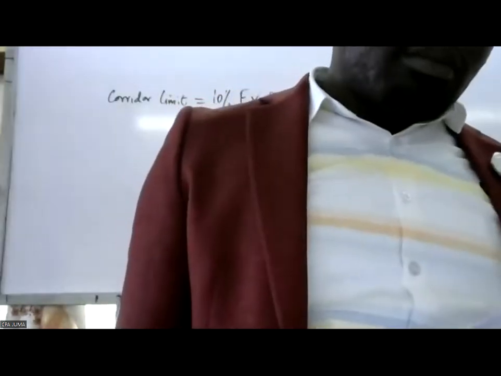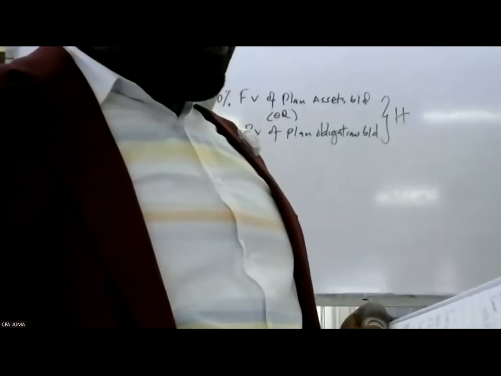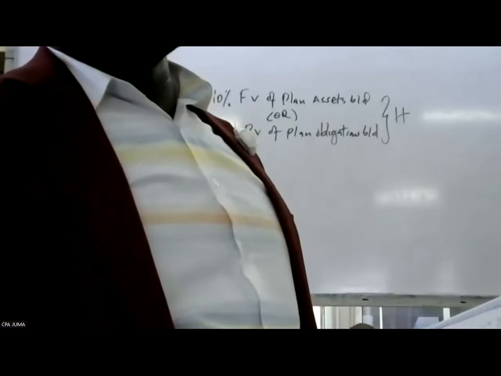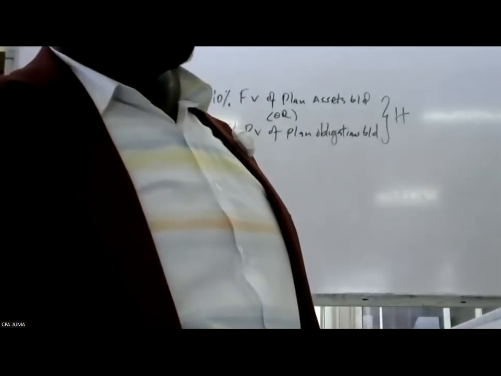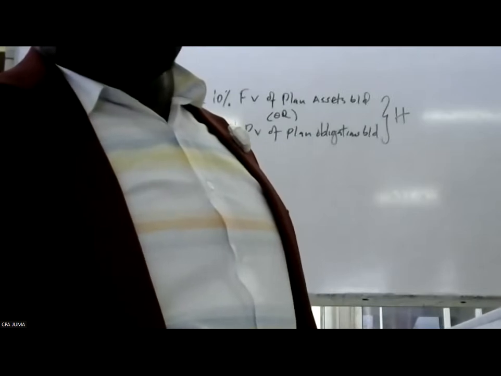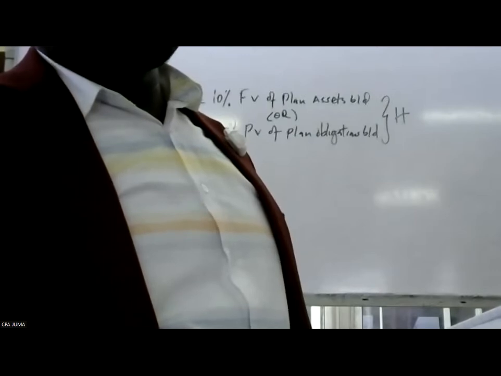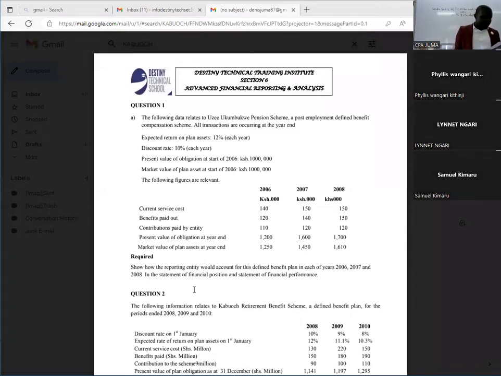If the amount falls within or below the corridor limits, then no amount of actuarial gain or loss should be recognized in the P&L.